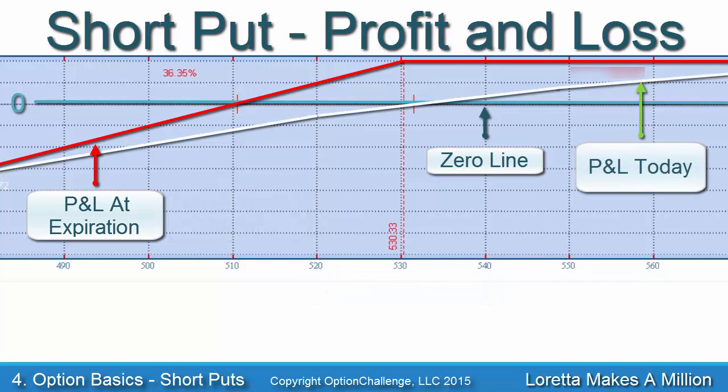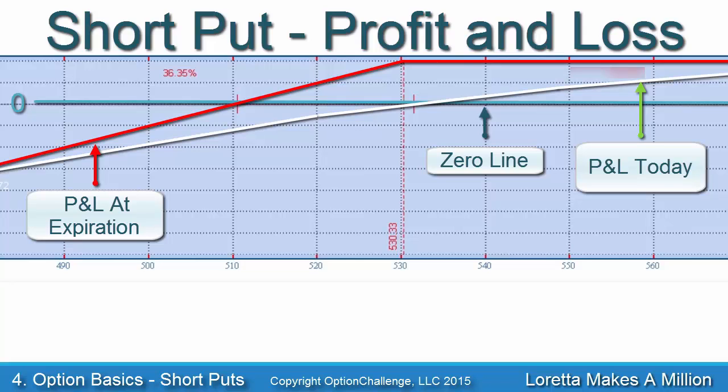Now, let us talk about the white line. The white line is the profit and loss graph of the short Google put today. As each day goes by and we get closer to the expiration date, the white line gets closer to the red line. You will note that it takes longer to make a significant profit on the white line than the red line.